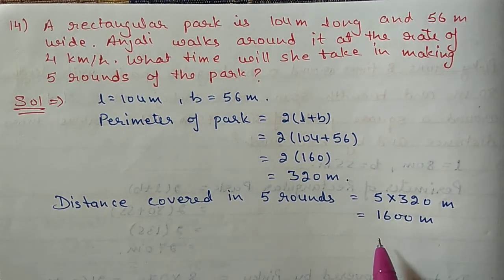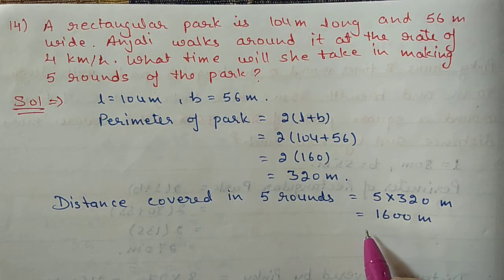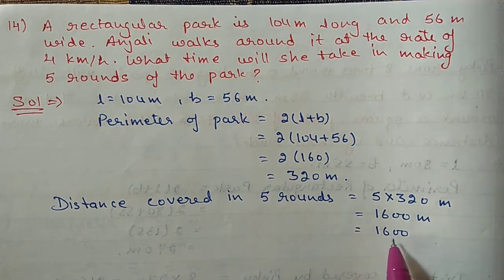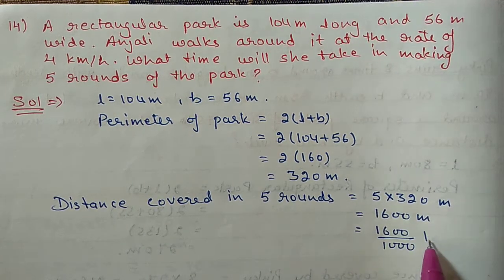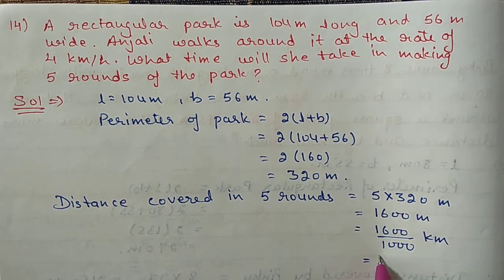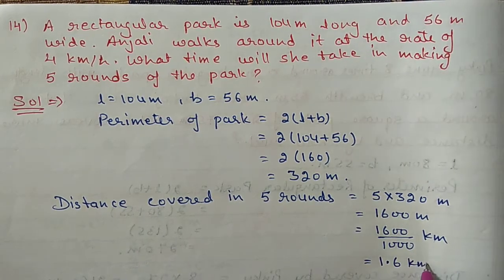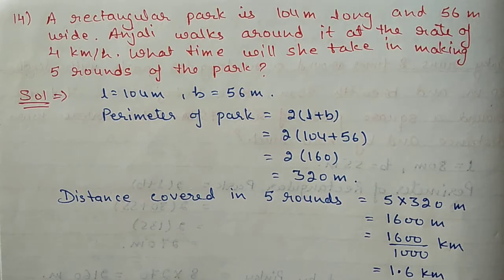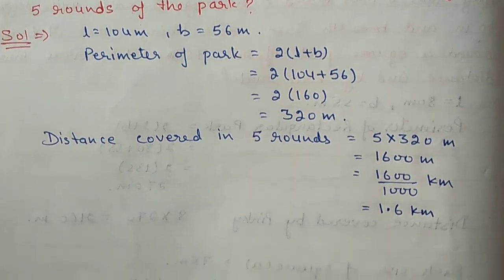So we know 1 kilometer is equal to 1000 meter, so we can divide it by 1000 and then it will change into kilometer. So we will get here 1.6 kilometer. So in 5 rounds she will cover 1.6 kilometer.